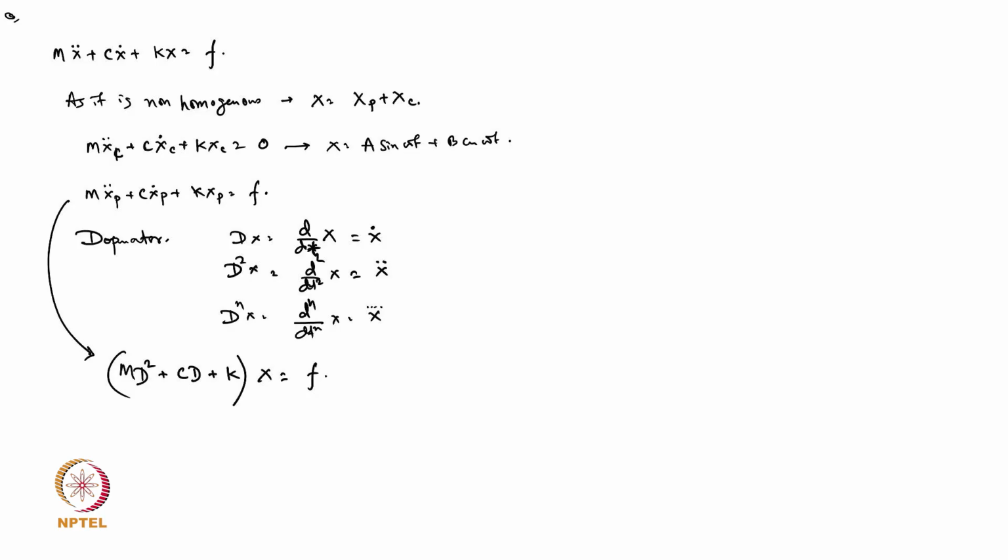Now once we can write that, it gives us the solution. We will try to see how we can get the solution of that. Suppose in one case we have 4 d3x/dt3 plus 3 d2x/dt2 plus dx/dt plus x equal to force.